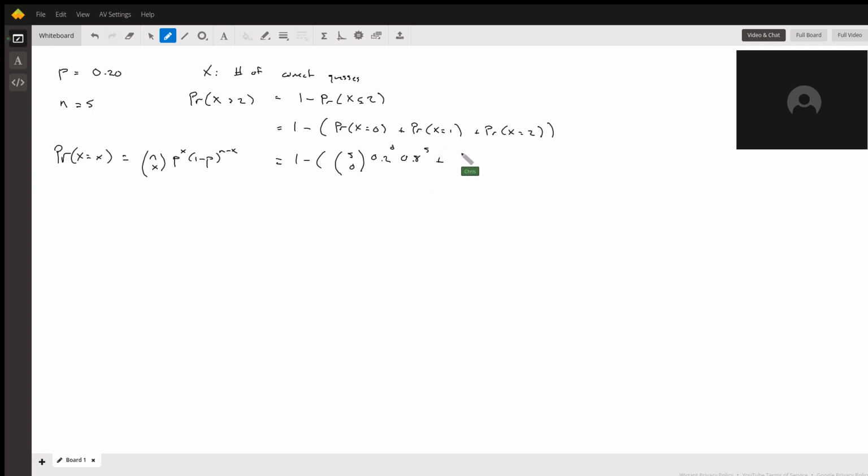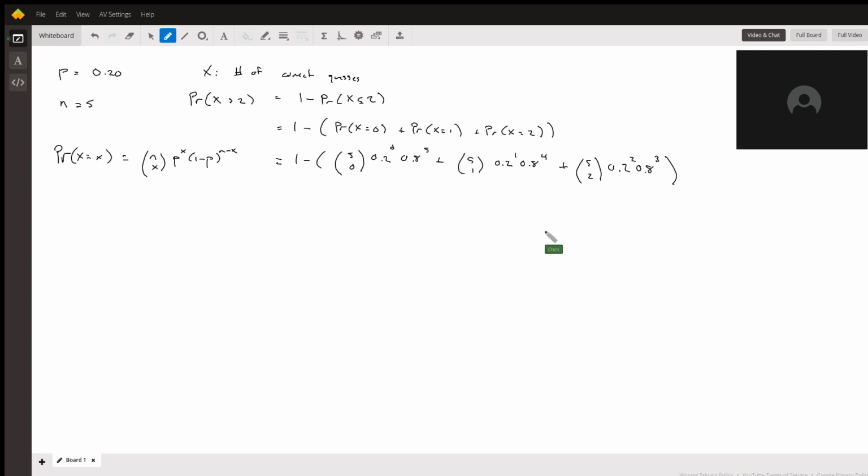Plus the probability that X is equal to 1, which is 5 choose 1, 0.2 to the power 1, 0.8 to the power of 4, which is just 5 minus 1. Plus 5 choose 2, 0.2 to the power of 2, 0.8 to the power of 3.